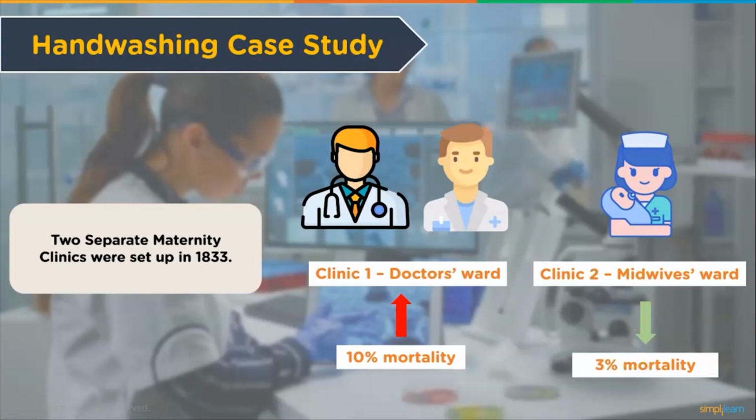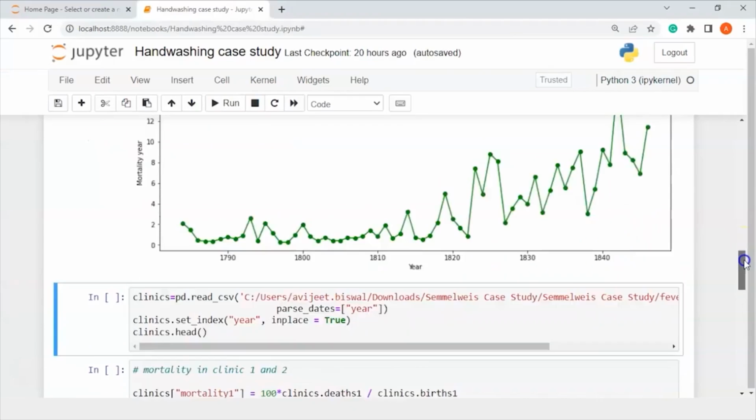So he again believed that in Clinic 1, where doctors and physicians operated, they also used to handle corpses during autopsies before operating on pregnant women. And they never used to wash their hands between the two jobs. But midwives in Clinic 2 never went to the autopsy room. So Semmelweis spotted that there were links between the lack of hygiene of the doctors and the mortality rate of the mothers. So let's analyze that data now. Cool.